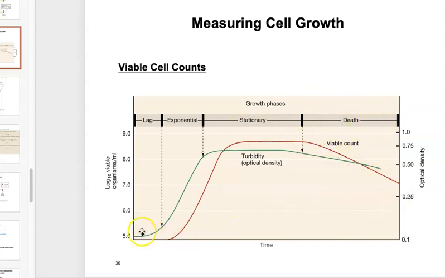The lag phase is obviously where the cells are gearing up for their life in that particular medium. And then the exponential phase is when they've sort of figured it out, and then they grow at an even proportional rate, and then eventually they taper off as nutrients dwindle and waste products build up and so forth.